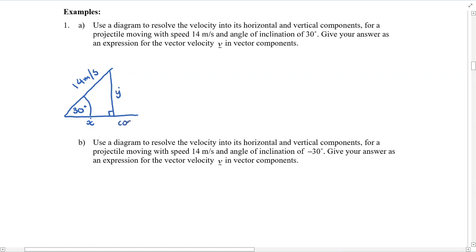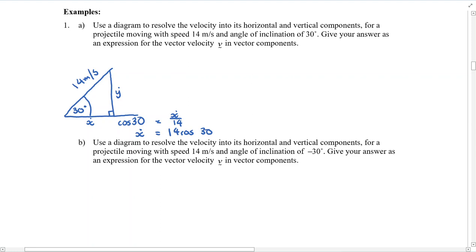I would do cos 30, because it's the adjacent and the hypotenuse that I've got there, equals velocity of x adjacent over my hypotenuse, which is 14. Get the velocity of x by itself, so it will be 14 cos 30.